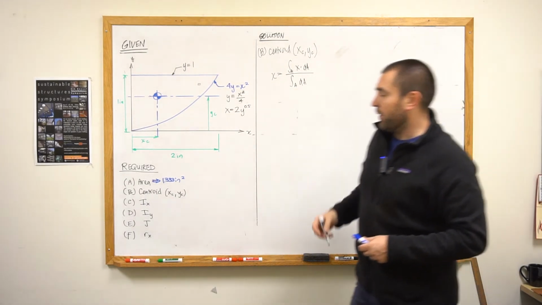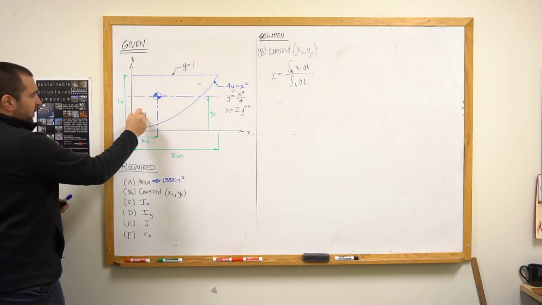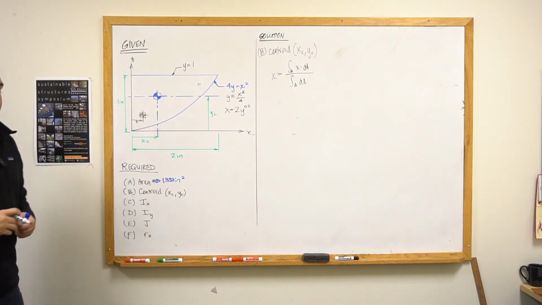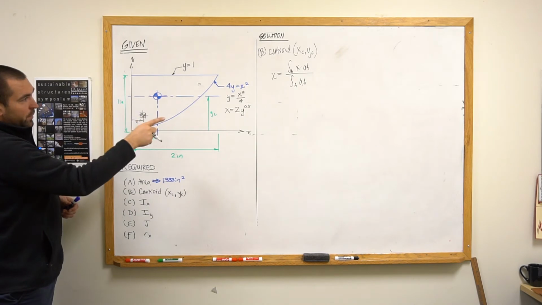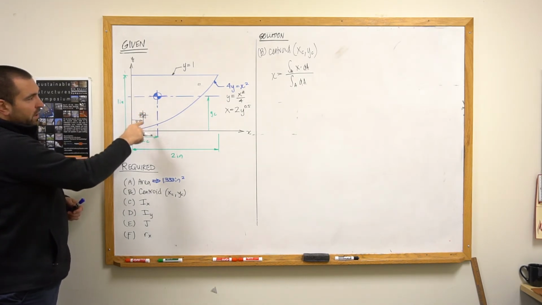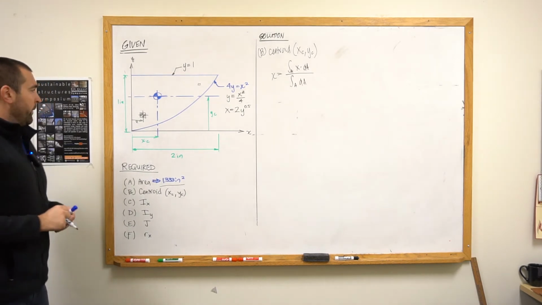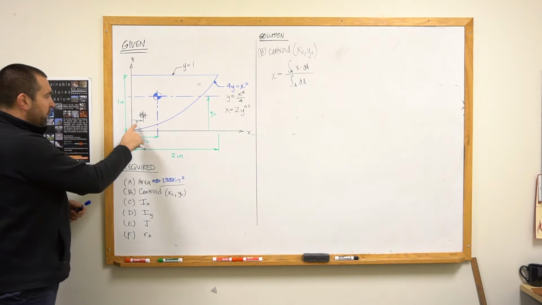For any little differential area, in the numerator I multiply this little area times its distance from the y-axis, and I add up all those results. For the denominator, it's simply adding up the areas themselves. I've already calculated the denominator. It's 1.333 square inches.